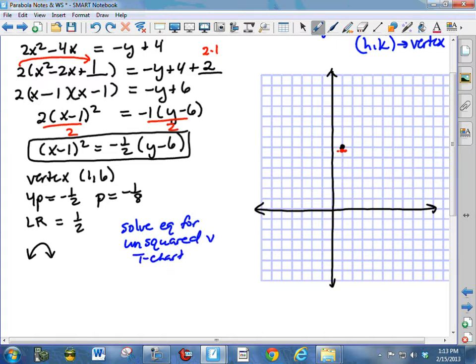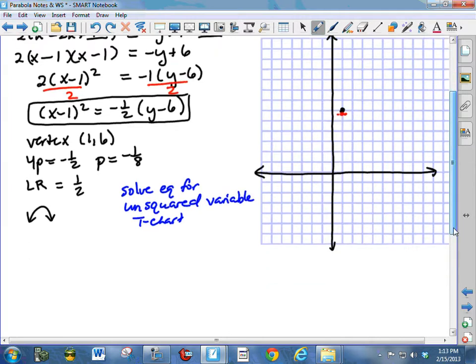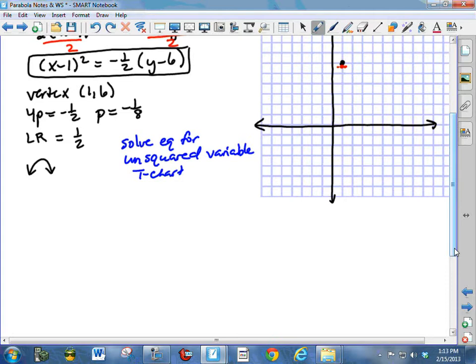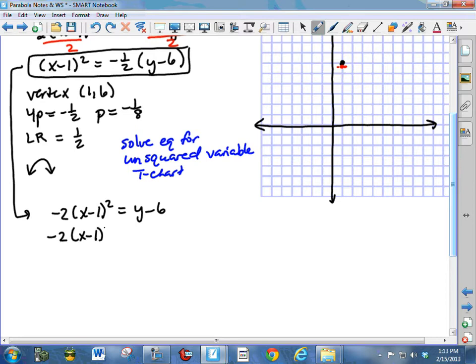So if I solve this for the unsquared variable, I would multiply both sides by negative 2, and I would have negative 2 times (x minus 1) squared equals y minus 6, or negative 2 times (x minus 1) squared plus 6 equals y. This will allow me to put in some values for x and find some values for y.